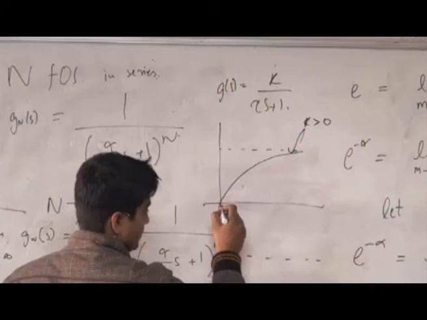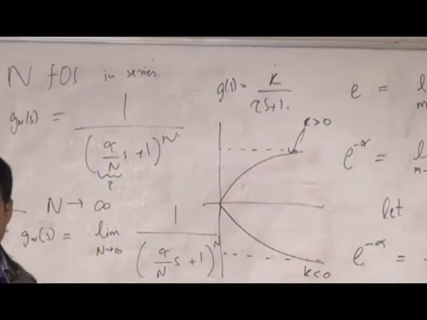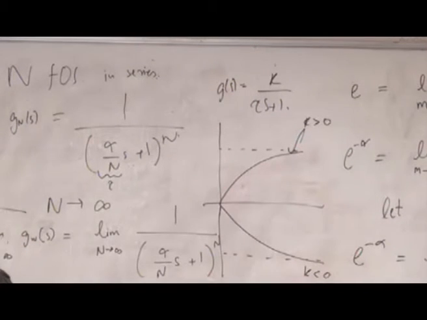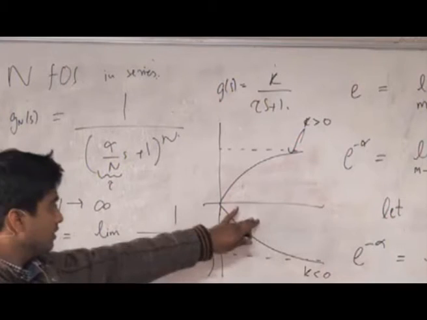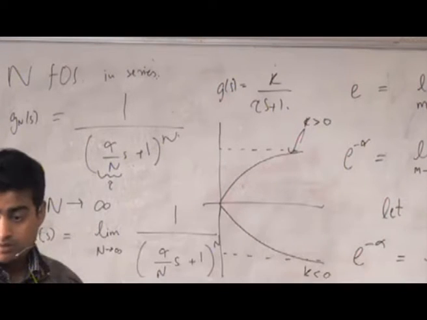You will observe this response for k less than 0. That is nothing but the steady state gain, and it is a property of the system that the gain is either negative or positive.